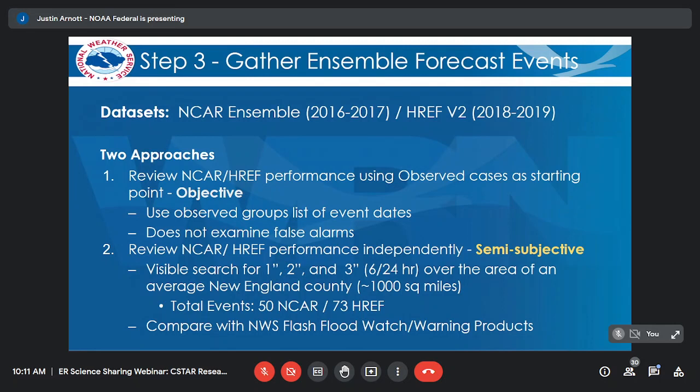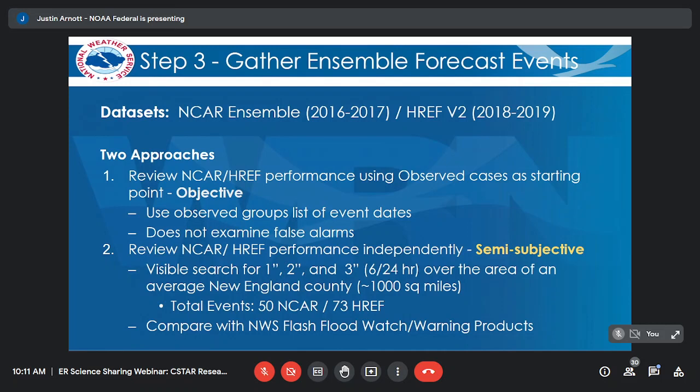You looked at very bulk statistics, mean absolute error, bias, things like that, and you get a very quantitative number for those events. You do an area wide look at how these ensembles did in terms of how they forecasted for the entire area.